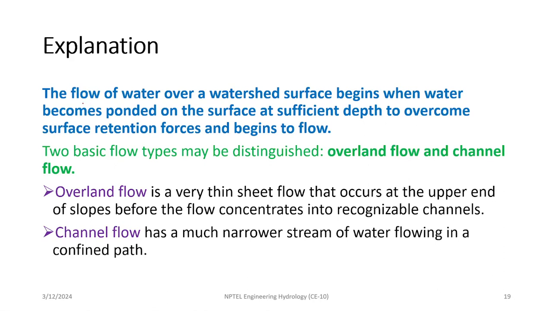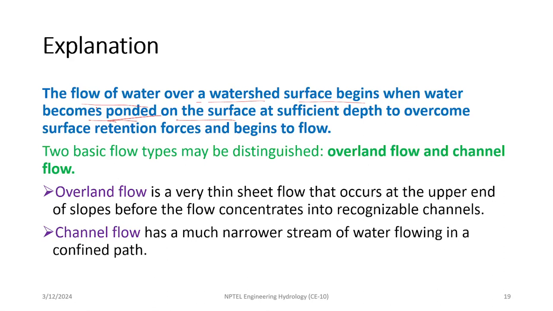Here it is mentioned that the flow of water over the watershed surface begins when the water becomes ponded on the surface. Ponded in the sense that infiltration capacity is now maximum, the maximum amount of water which a soil layer can hold has been reached. After that point the ponding process starts.